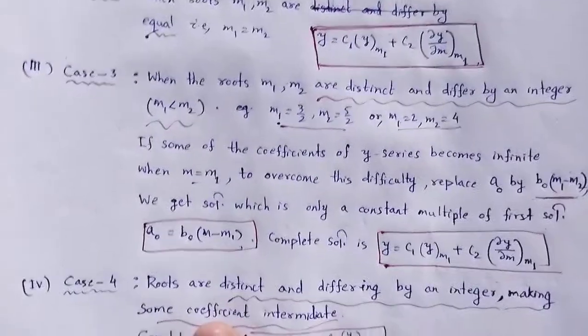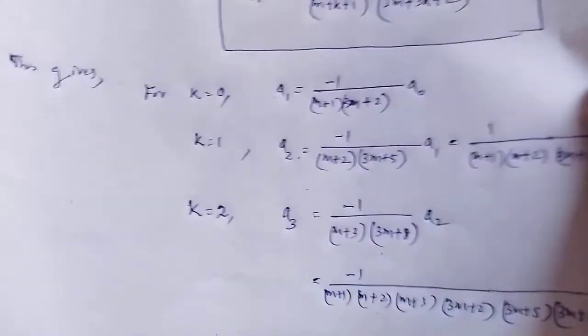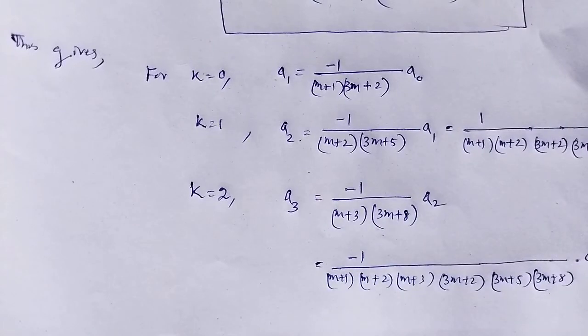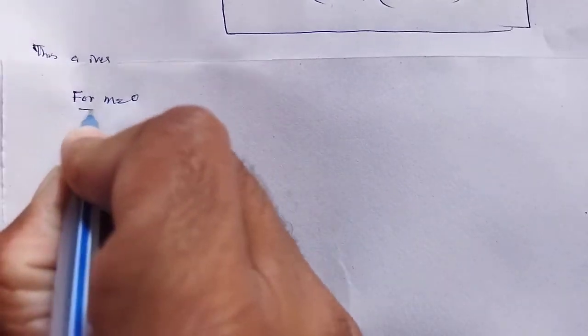Therefore, we write for m is equal to 0, what we get?